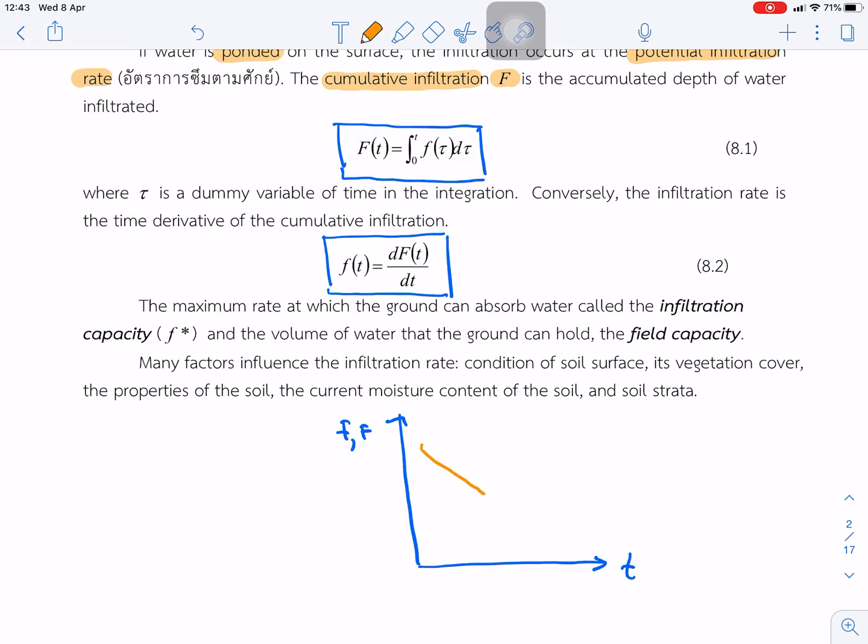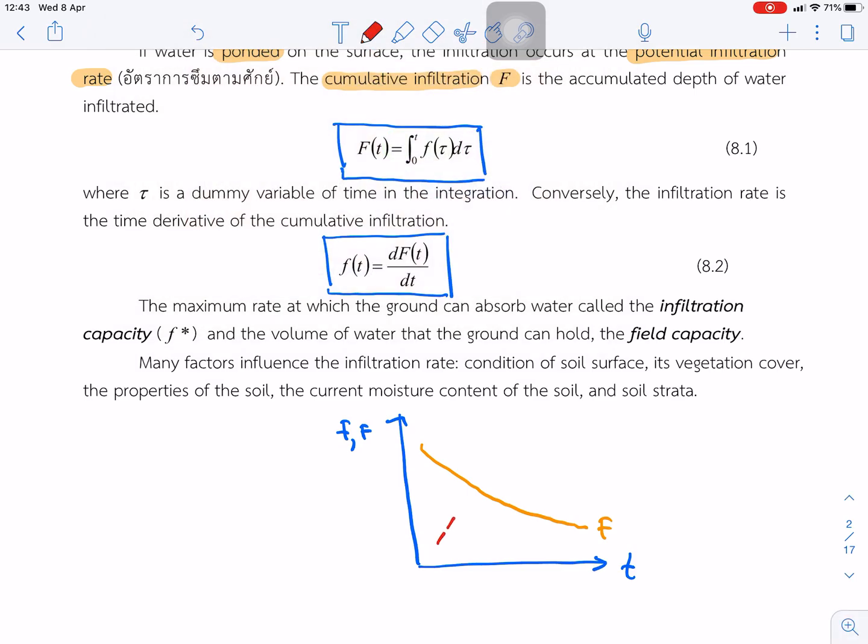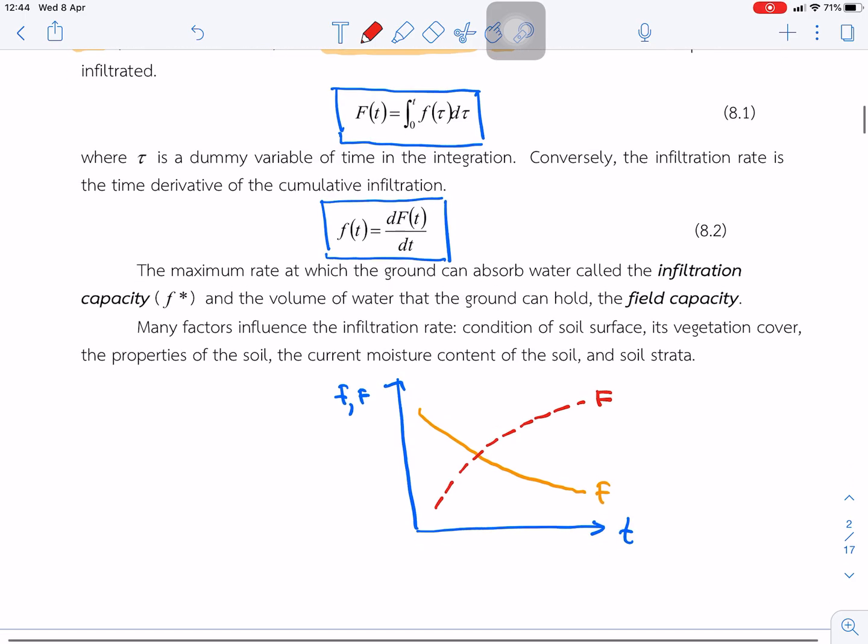Infiltration rate decreases with time, but the accumulated infiltration increases with time. The maximum rate at which the ground can absorb water we call infiltration capacity, and we use F star to represent the infiltration capacity. And the volume of water that the ground can hold we call the field capacity.